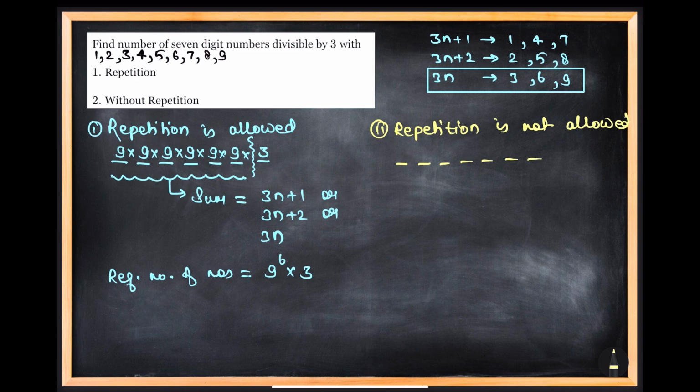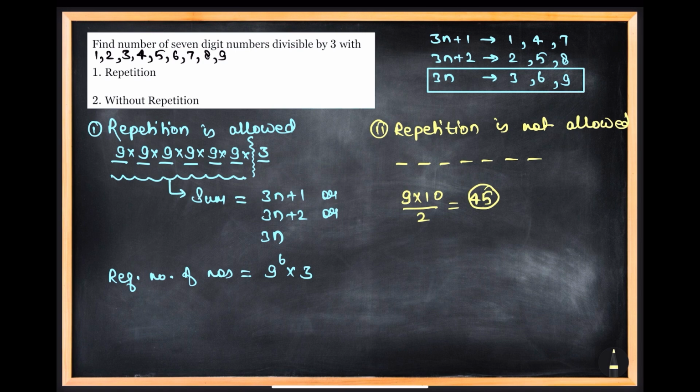So can I go with n into n plus 1 by 2, that is 9 into 10 by 2? So it will become 45. Now look at this. If we consider all the numbers, the sum is divisible by 3.